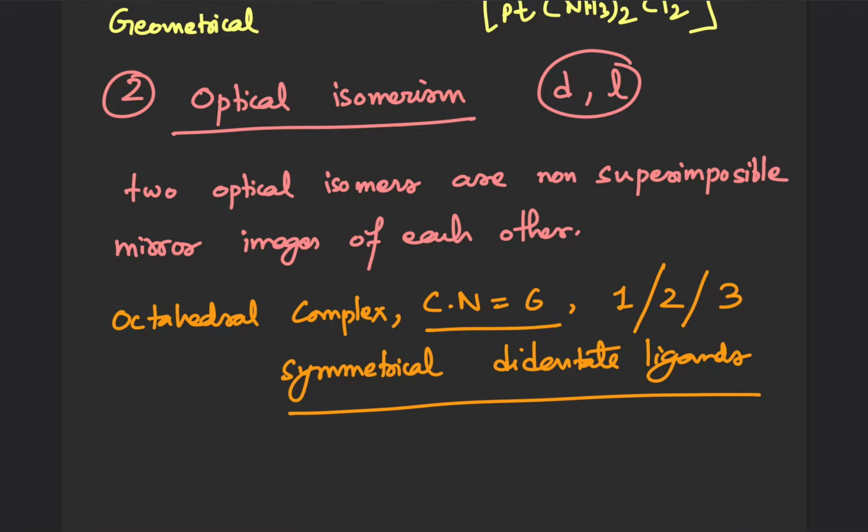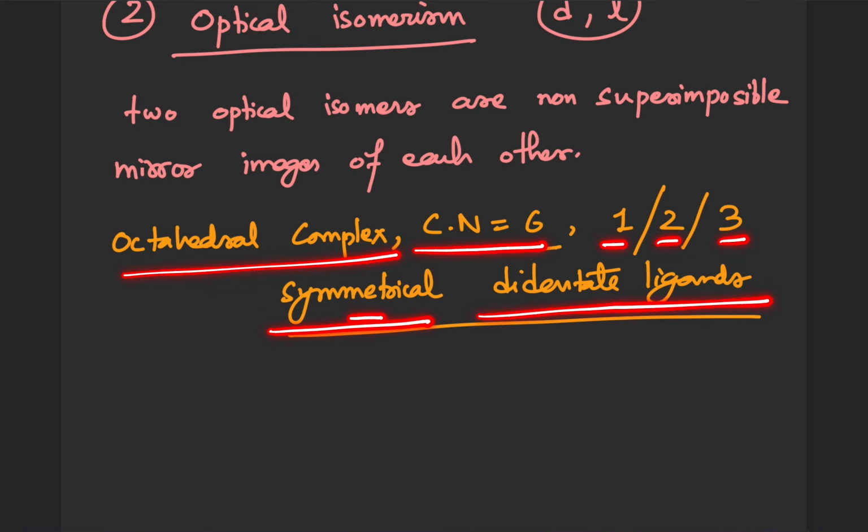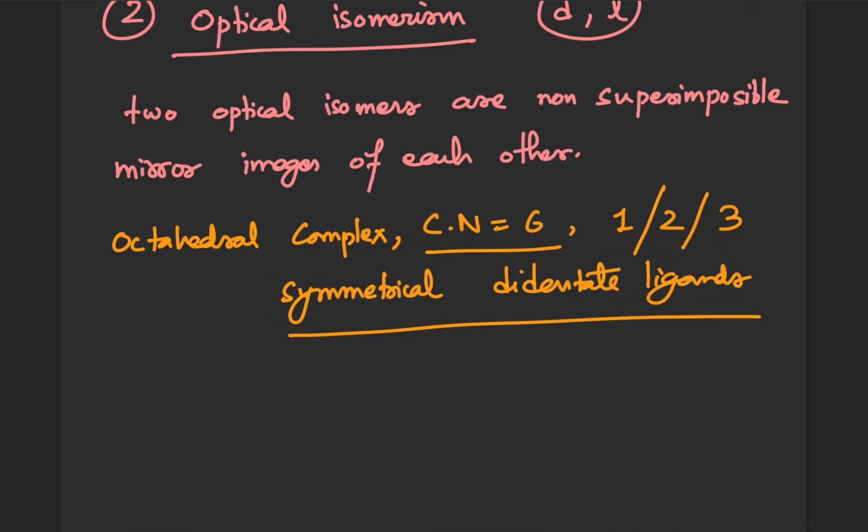That's how we recognize if someone can show optical isomerism or not. Symmetrical means it contains a plane of symmetry. Didentate is a ligand attached to the central atom by two coordinate bonds.